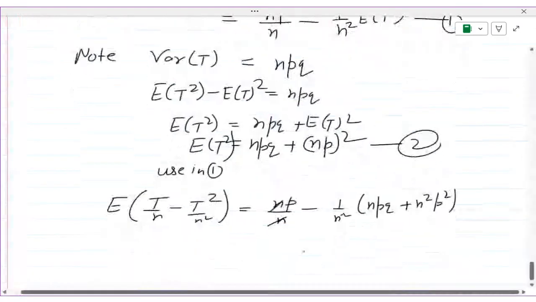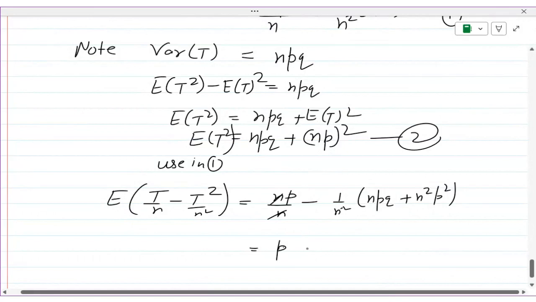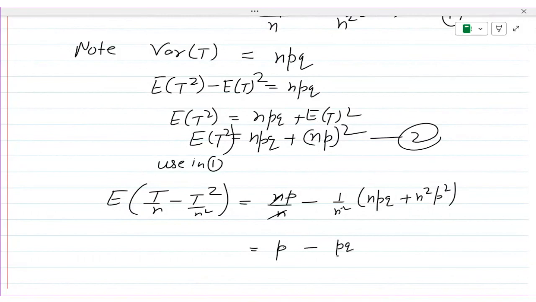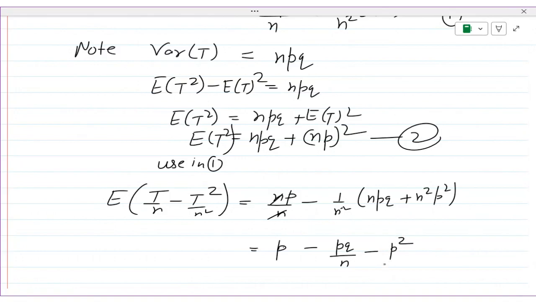So if you simplify this, what are we getting? We are getting p minus pq divided by n minus p square. Right, we are getting this till now.